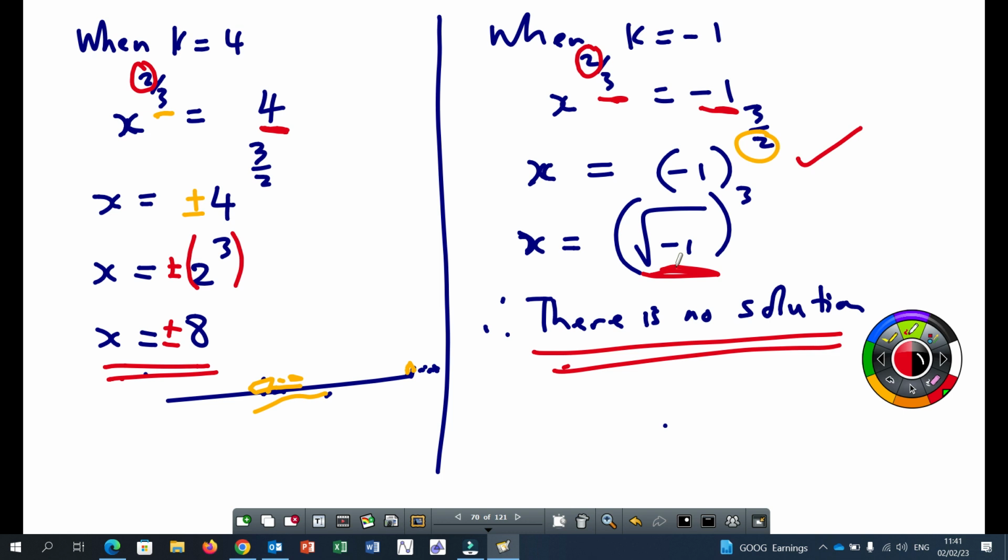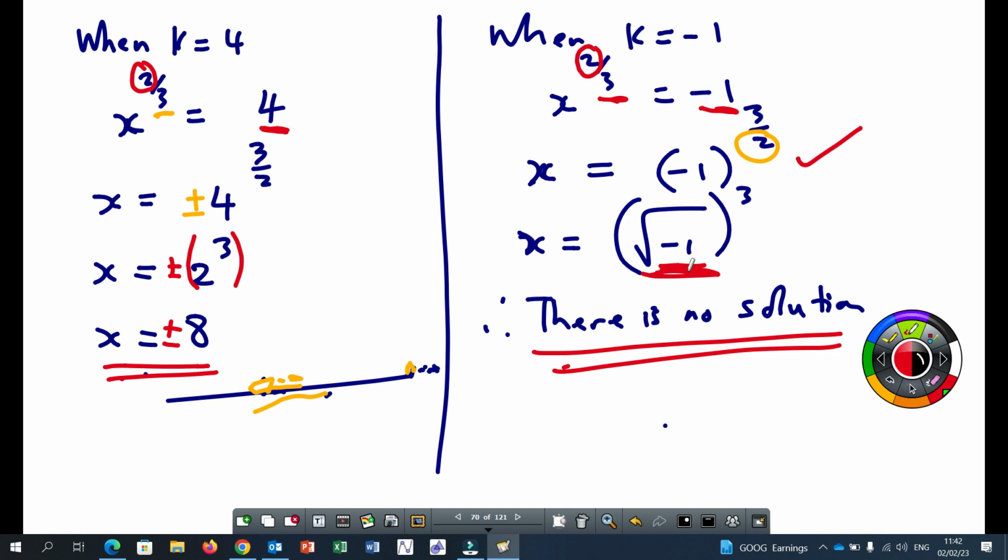Now, when you say there's no solution, it means the answer is not real. It's not a real number. Remember that in grade 8, 9, and 10, you were taught the real number system, isn't it? From minus infinity to positive what? Infinity. In this case, the square root of minus 1, you cannot find it between minus infinity and positive infinity.